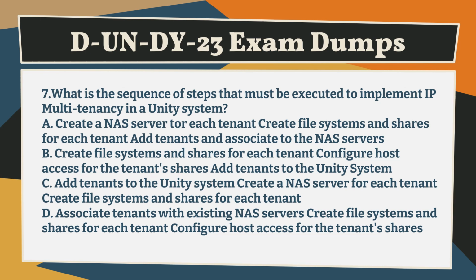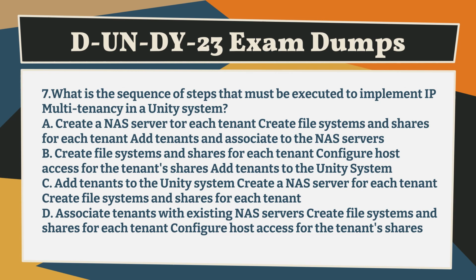7. What is the sequence of steps that must be executed to implement IP multi-tenancy in a Unity system? A. Create a NAS server for each tenant, create file systems and shares for each tenant, add tenants and associate them to the NAS servers. B. Create file systems and shares for each tenant, configure host access for the tenants' shares, add tenants to the Unity system.